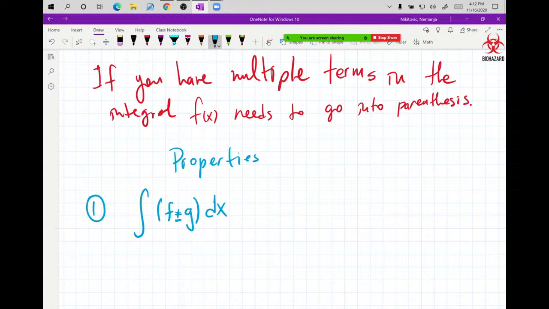It could be addition or subtraction. So this formula will tell us that we can separate these two with whatever symbol was in between them, and then work on each one independently. And yeah, that's property number one.